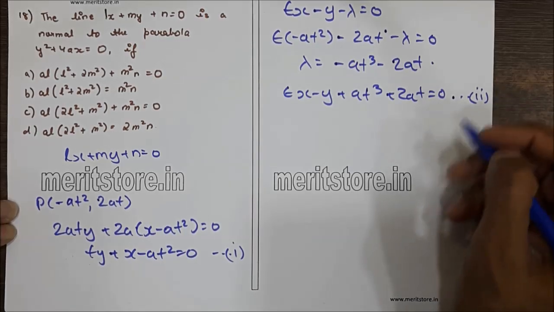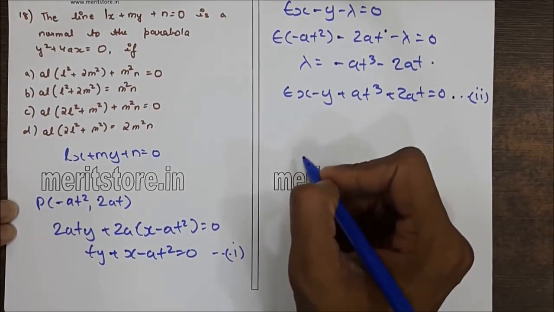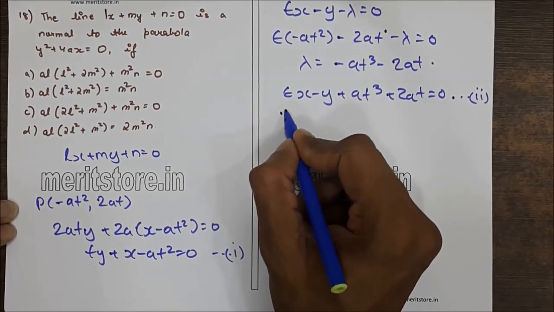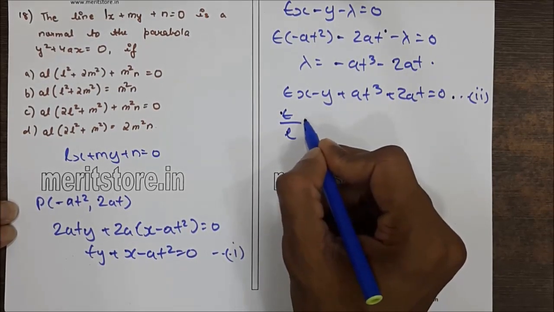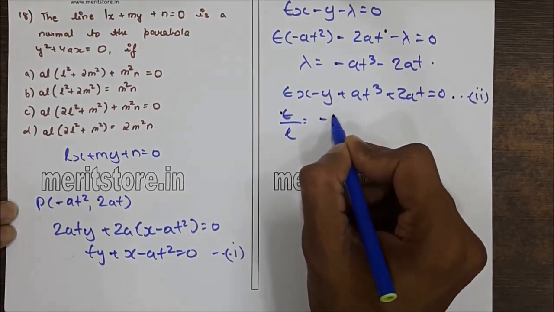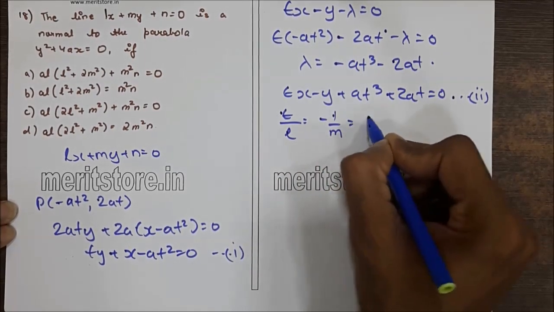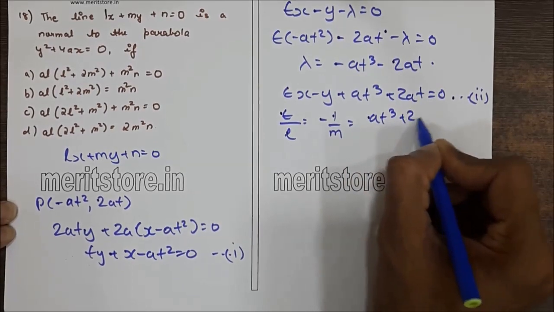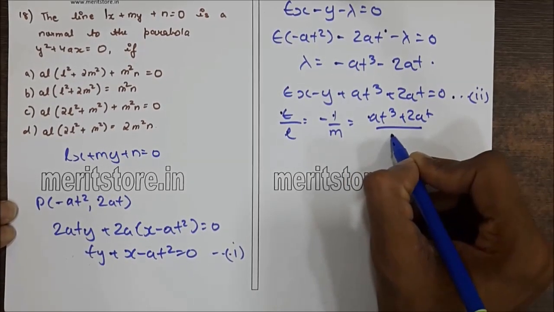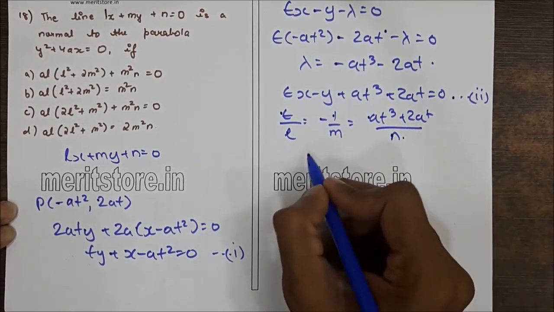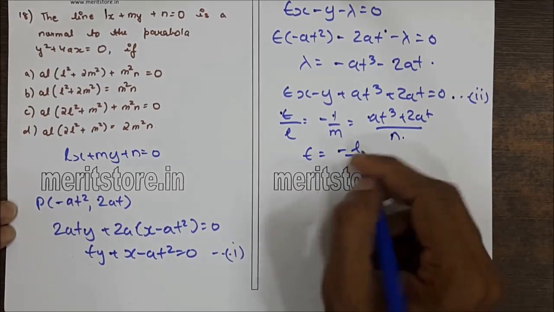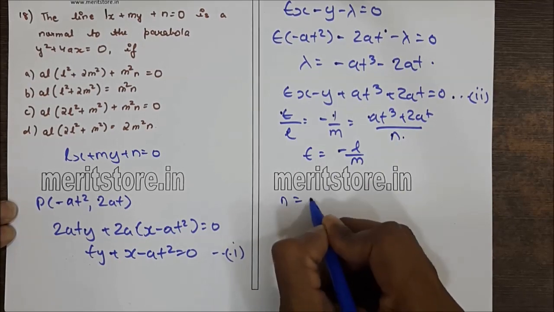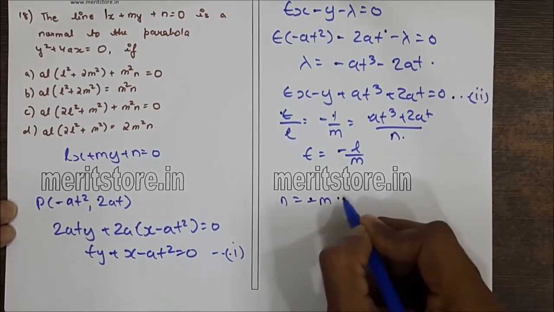Applying the condition of coincidency, that is the ratios, we get t upon l equal to minus 1 upon m equal to at cube plus 2at upon n. So we get t equal to minus l upon m.